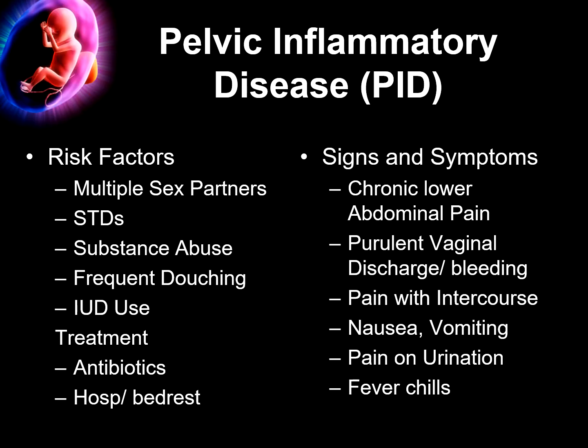IUD use can lead to pelvic inflammatory disease because an IUD requires the cervix to be open a little during use, and that is the reason microorganisms more easily infect the uterus.